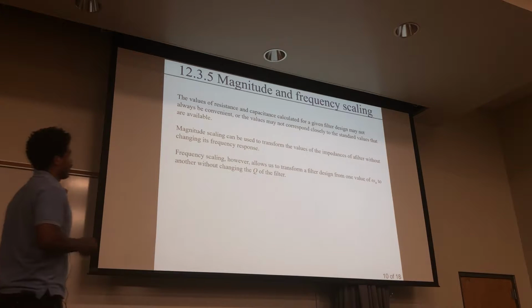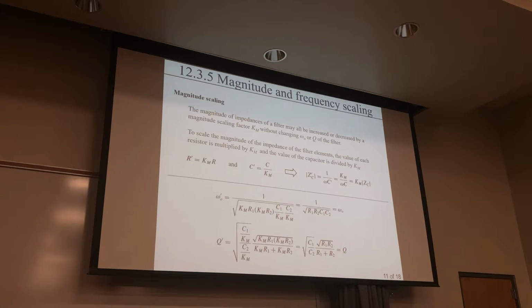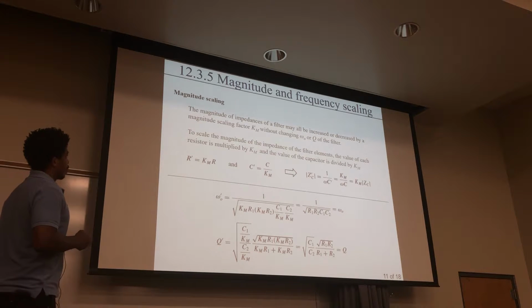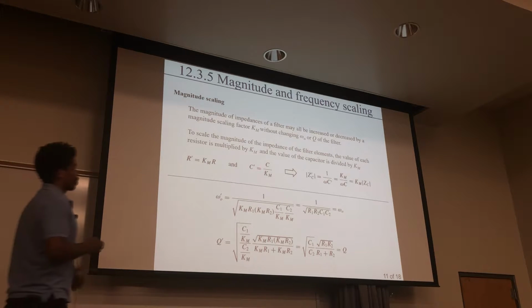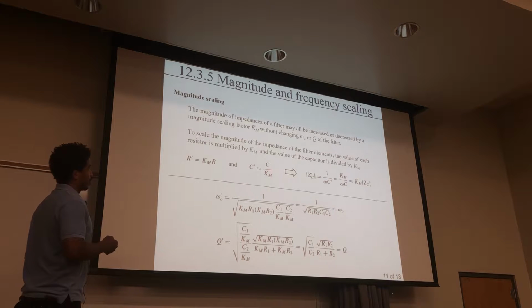Okay, so how this happens for magnitude scaling: you want to scale all your resistors in your circuit by a factor of this Km for magnitude, and you want to divide all of your capacitors by the same Km value right here. And so this is what happens to your impedance, right?